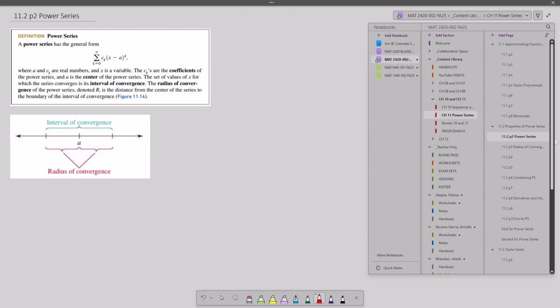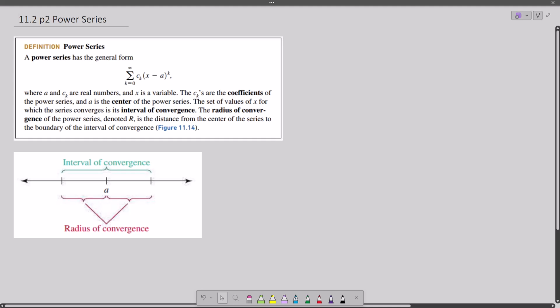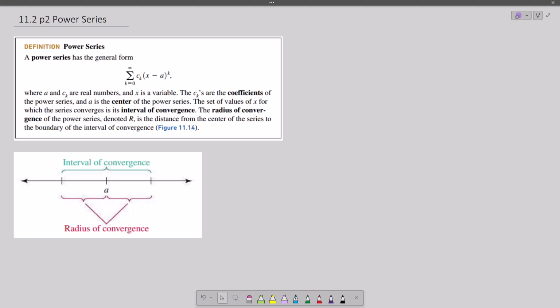All right, now that geometric series was centered at 0 because there was no x minus a. It's understood that it's x minus 0. So the center was 0. So in general, if you have a power series centered at a, there's some things happening with that power series.